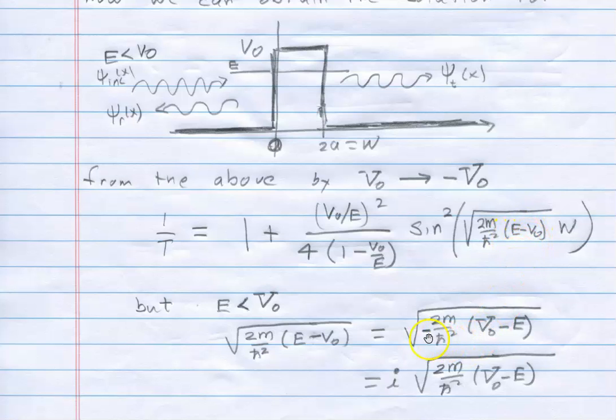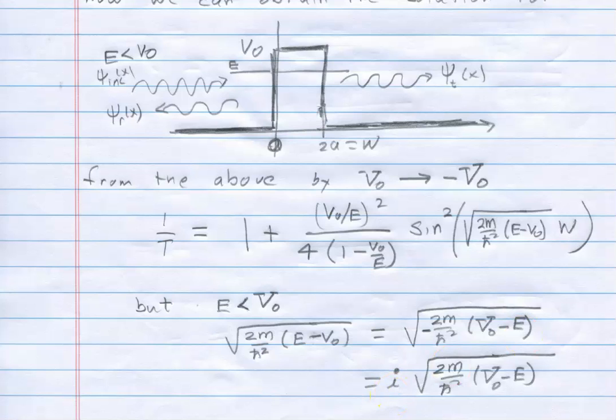And so I factor out a minus 1, and now everything here numerically, m is positive, h bar squared is positive, V naught is bigger than E, and so this term is positive, but now I've got this negative sign. And from there, one can take the square root. The square root of a positive number is just this, but the square root of minus 1 is just the imaginary number i.